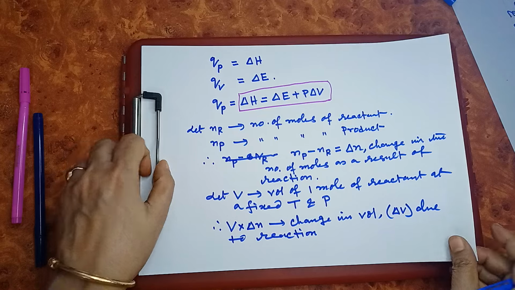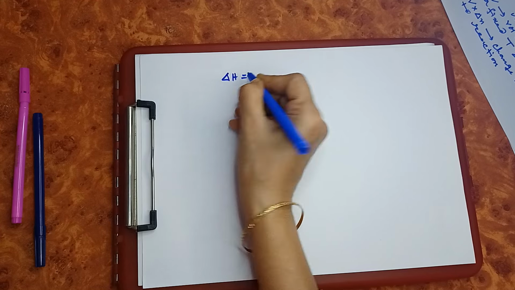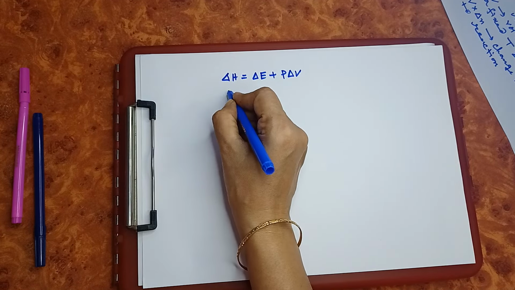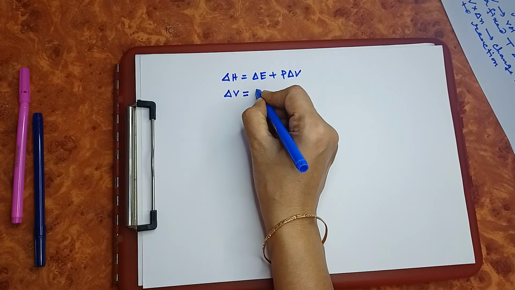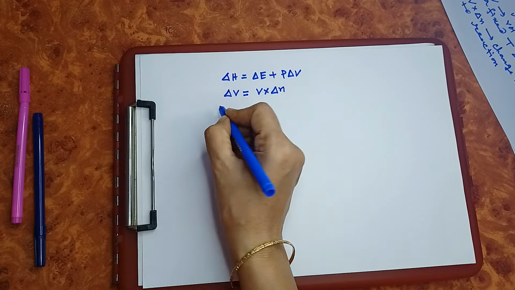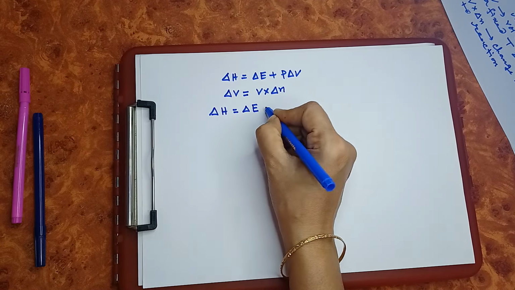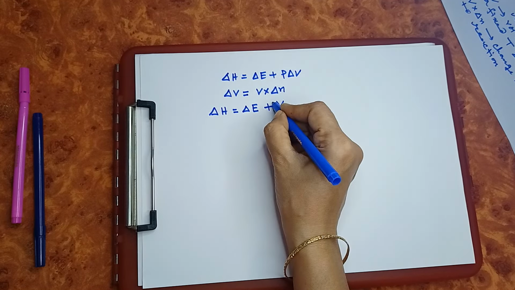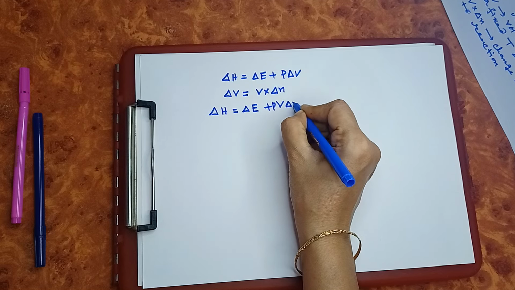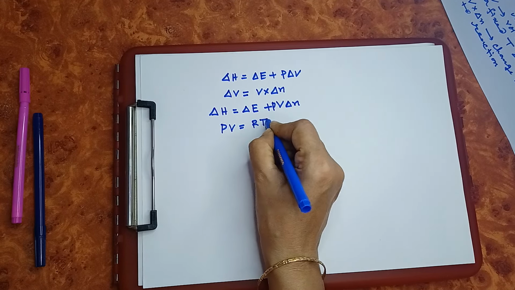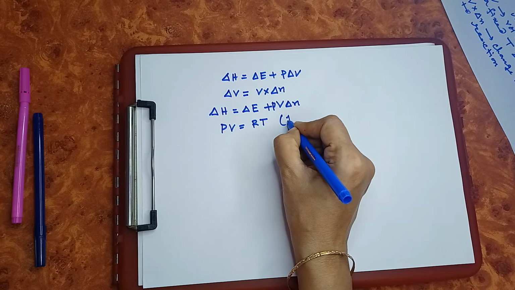Now what we have seen is that delta H is equal to delta E plus P delta V, and delta V is equal to V into delta N. So delta H we can write as delta E plus PV delta N. Now we know that PV is equal to RT for 1 mole.